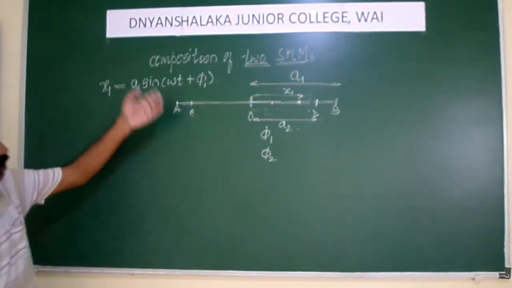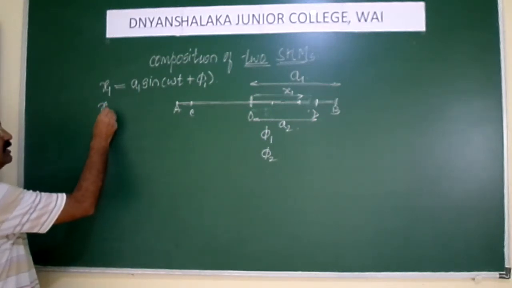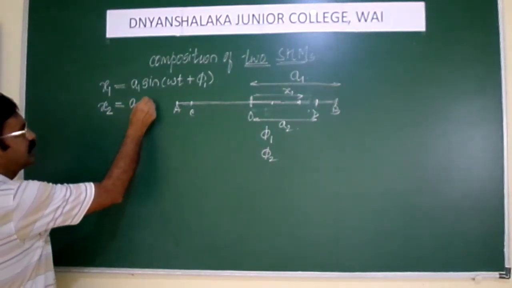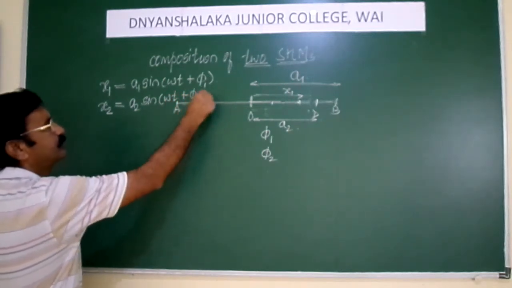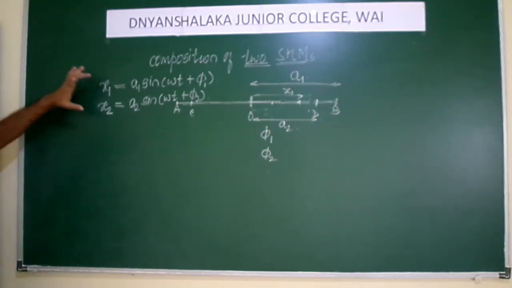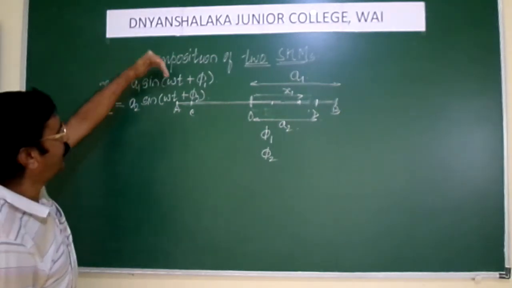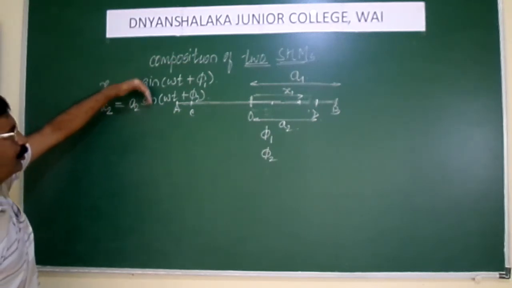And so, for the second SHM, the displacement of the particle will be given as x2 is equal to A2 sine of omega t plus phi2. Now here we have the two expressions of the displacements. x1 is equal to a1 sine of omega t plus phi1, x2 is equal to a2 sine of omega t plus phi2.